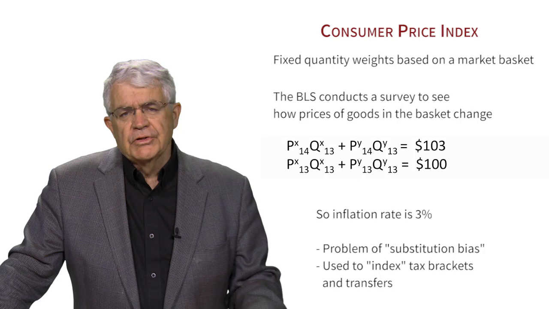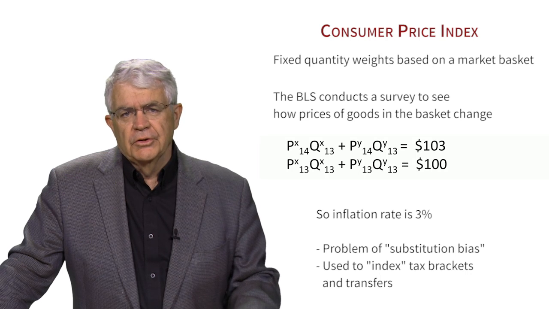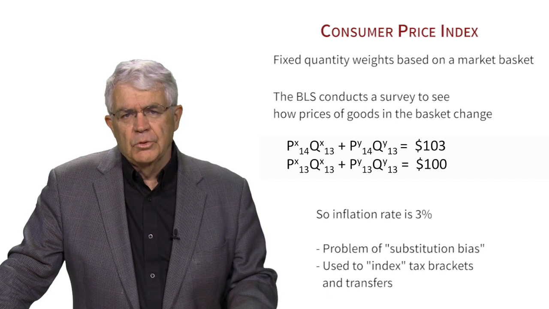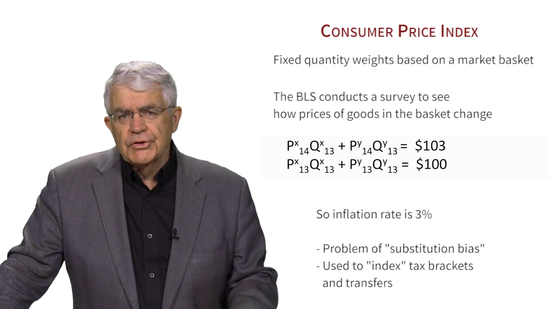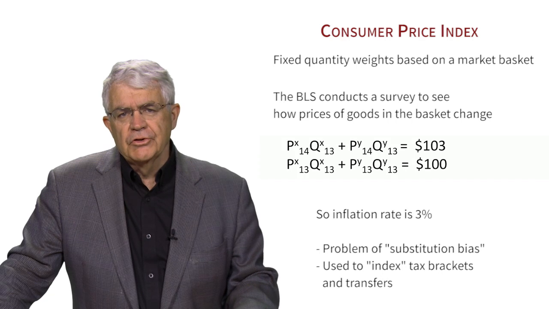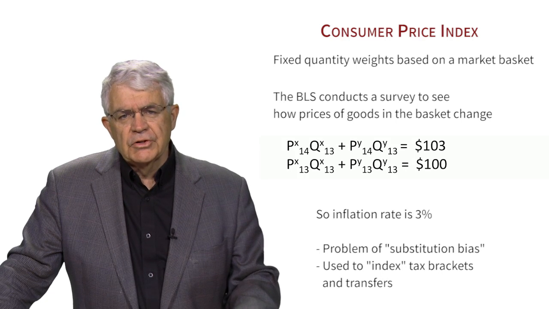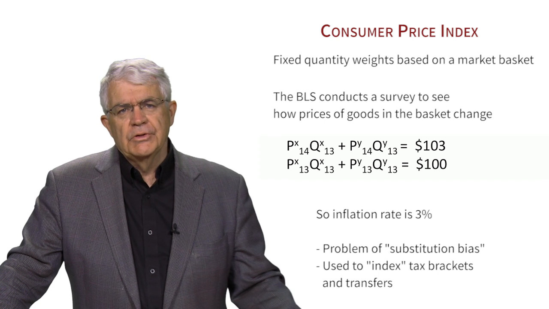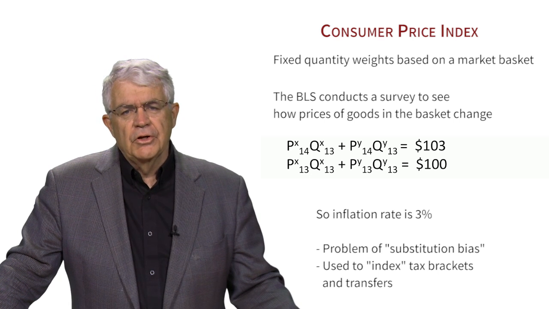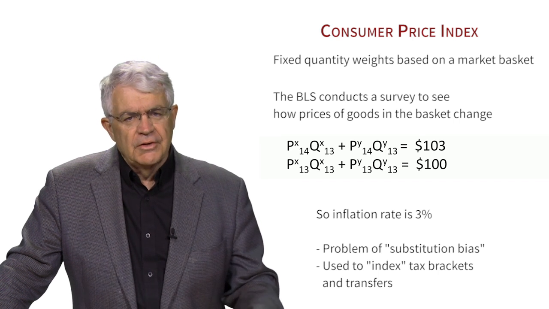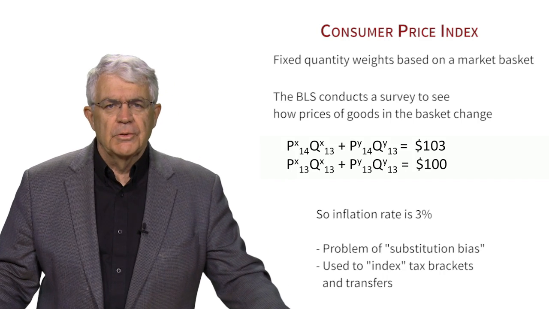So if there's an increase in prices, we assume that there's no change in the quantity. That's what the fixed market basket means. If, in fact, there was a reduction in the quantity, you would be overstating the inflation rate by assuming there was no adjustment in the quantity, no adjustment downward. So there's a slight bias upward in the CPI, Consumer Price Index, and it's called the substitution bias because it effectively assumes people don't make that substitution.